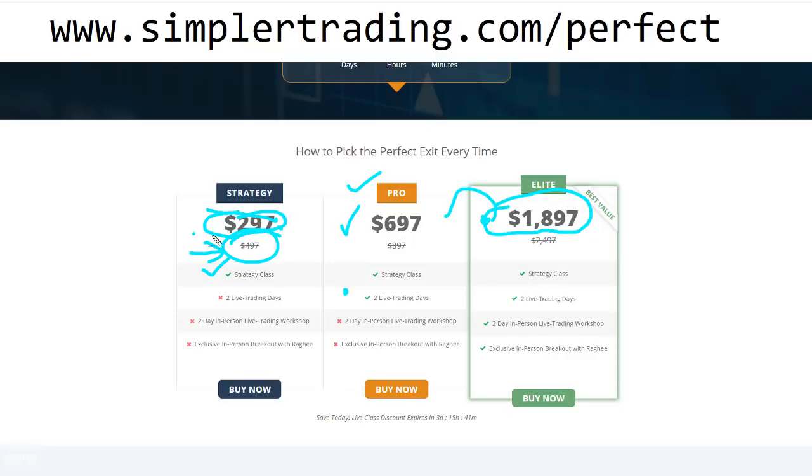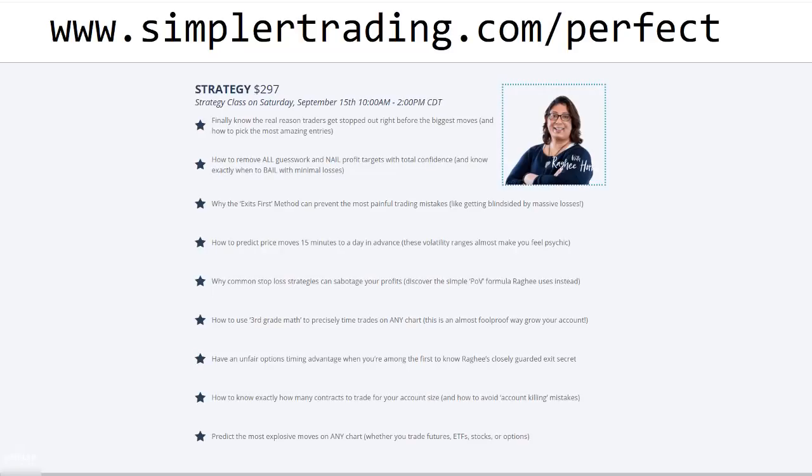Now, this class actually does come with tools and indicators that Raghee is going to also show you how to use. In fact, let me show you this real quick. If you scroll down on the strategy class, you can see essentially all the key things that she's going to be covering here. There's a couple that I just want to point out. Why the exits first method can prevent the most painful trading mistakes.